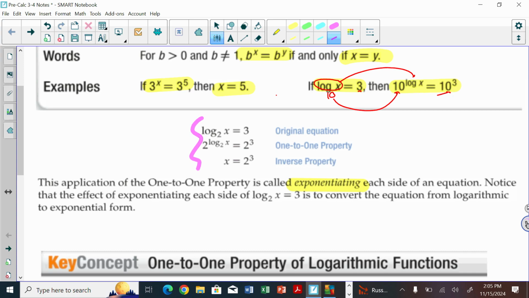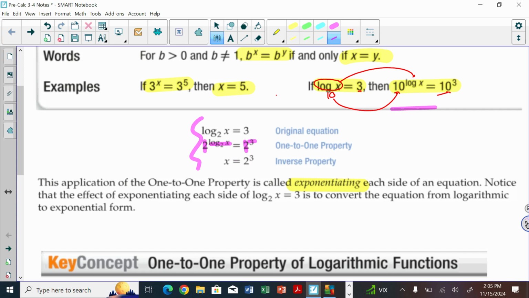So you have log base 2 of x equals 3. So kind of like we did right up here, you take the base here and raise it to the log power and then to the third power here. And then because you have the same base, 2 and 2, then that means these things are equal.